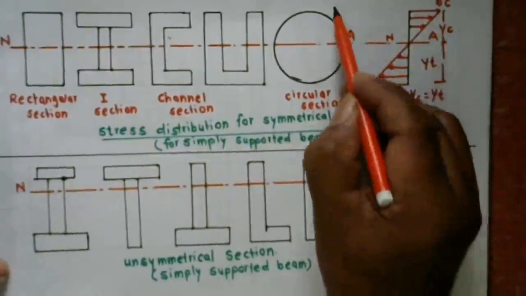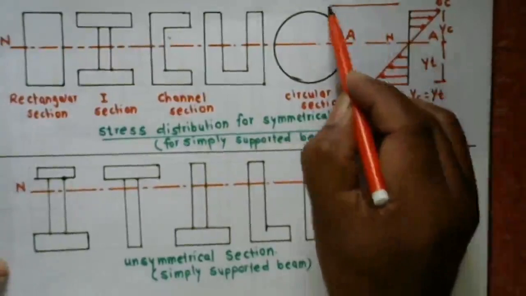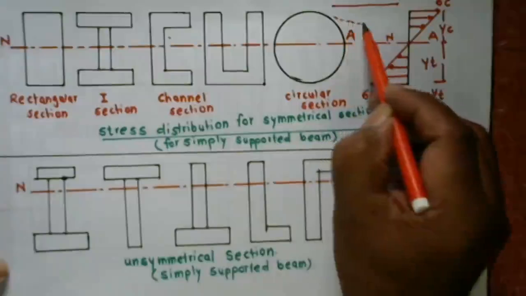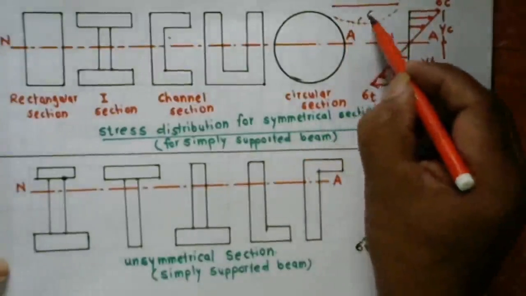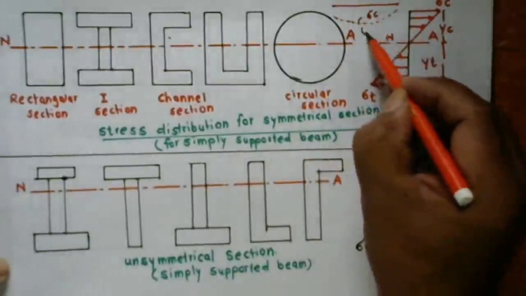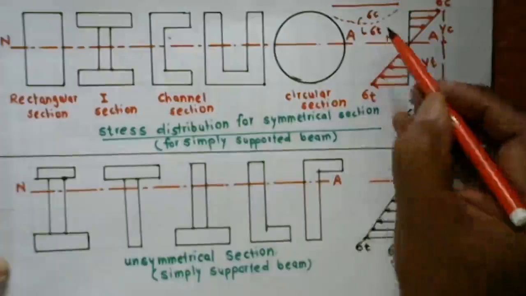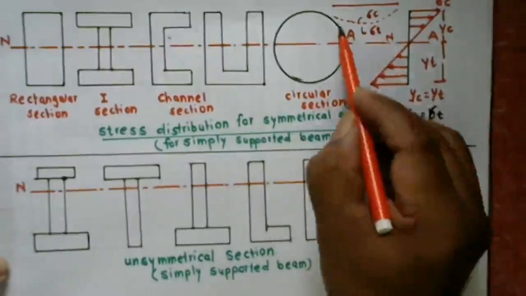In the simply supported beam, when the load acts on it, it deflects in this manner. So at the inside section compressive stresses are induced, whereas at the outer section tensile stresses are induced about this neutral axis.